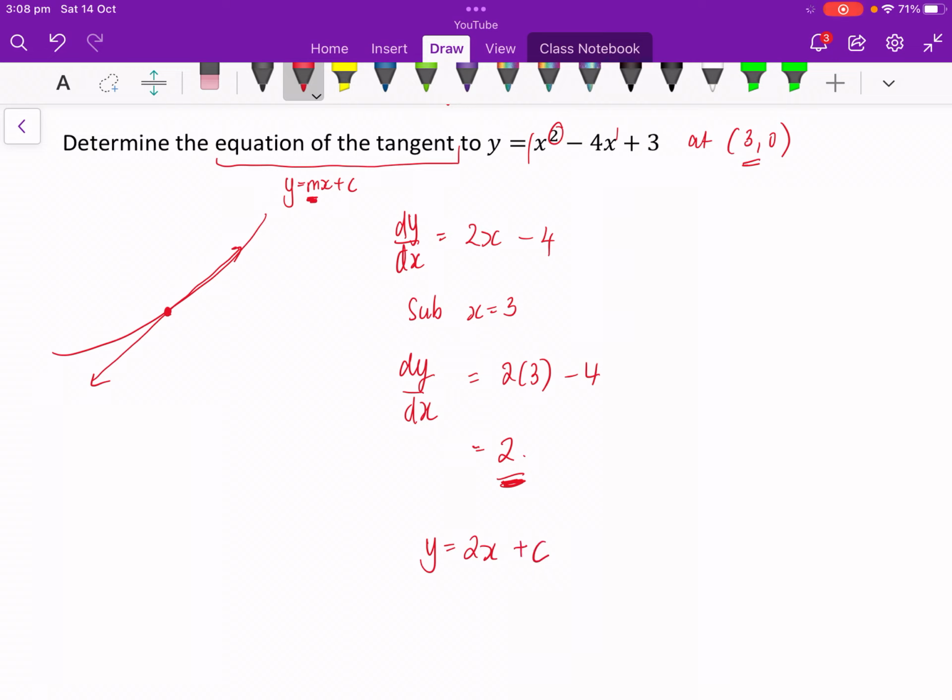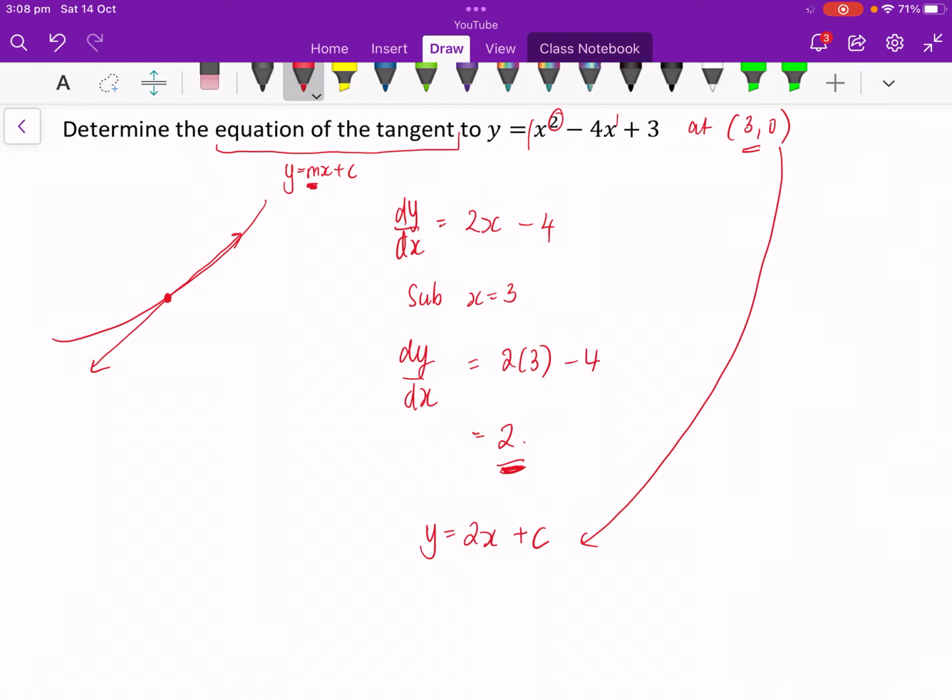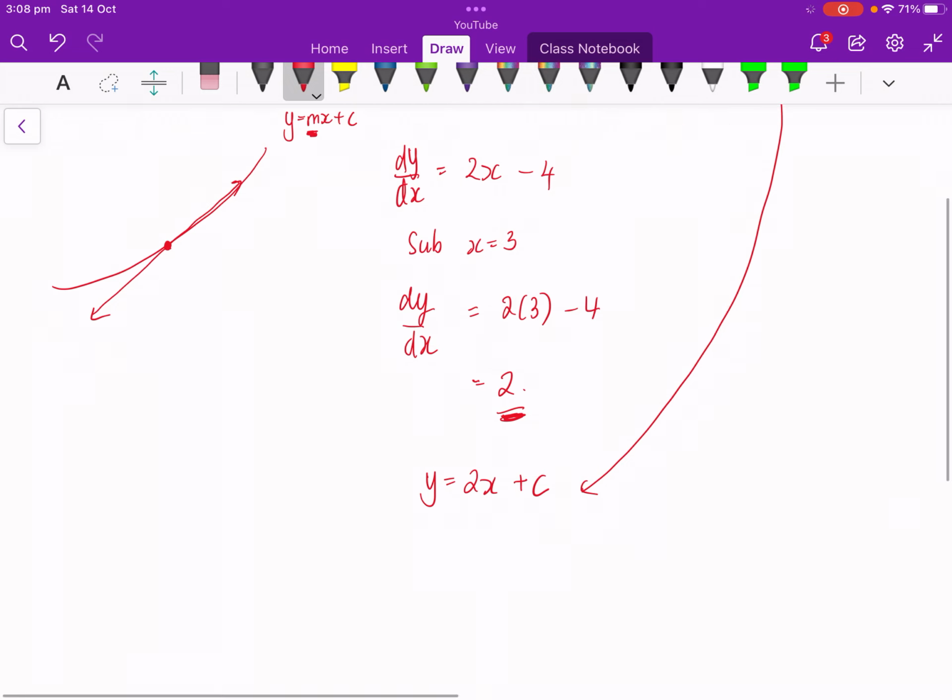But what's the y-intercept? Funny you should ask. Let's substitute it into this point, because we want that tangent going through this point. So it shares that commonality. It's going to go through that coordinate. So I'm going to substitute in the whole coordinate right now. I'm going to let x equal 3, y equals 0, and I'm going to solve for c.